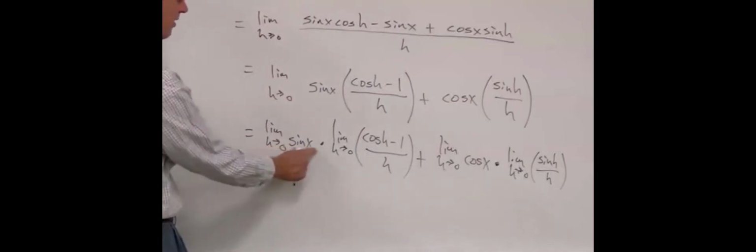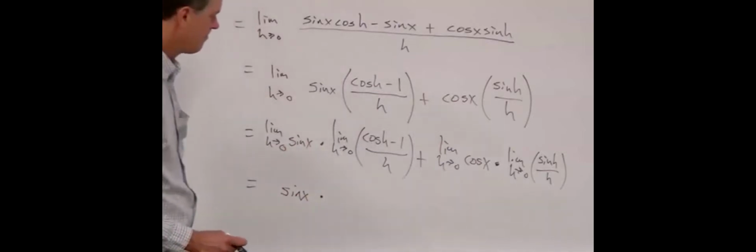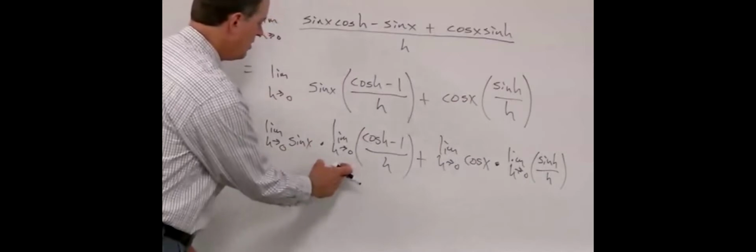So the limit of sine of x as h goes to 0: well, h is not affecting sine of x in any way, so that's just sine of x. Now the limit as h goes to 0 of cosine of h minus 1 over h. Does anybody remember what that one is?